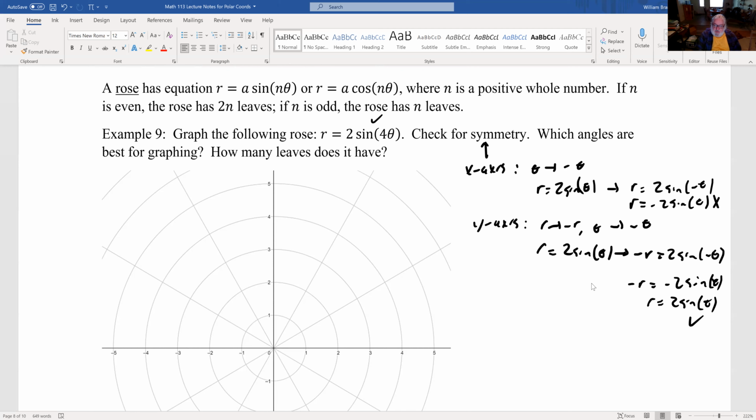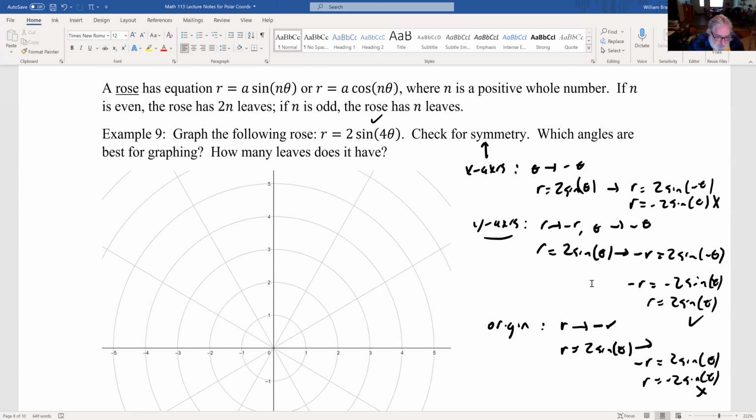So we will be symmetric with respect to the y-axis, and we actually did pick that up here. Symmetric with respect to the origin, that's replacing r with minus r, but that just turns r equals 2 sine theta into minus r equals 2 sine theta, or r equals minus 2 sine theta, which is not the same equation. So no information there about symmetry about the origin, but it'll definitely be symmetric about the y-axis.